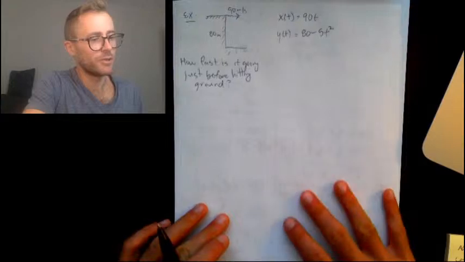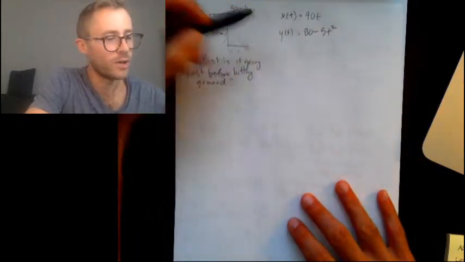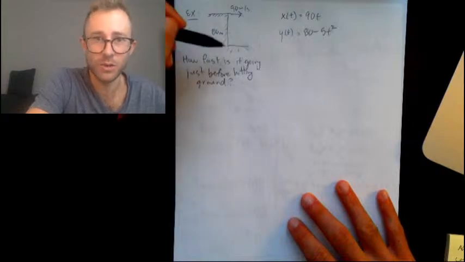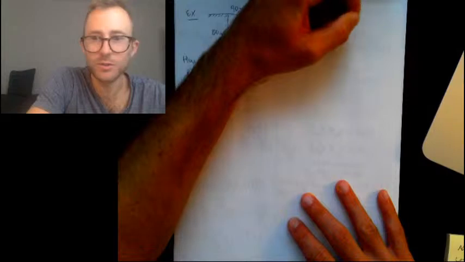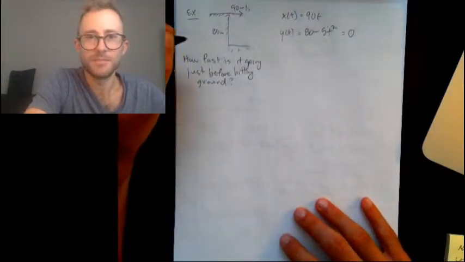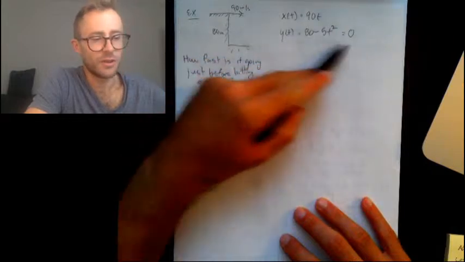So what I'm going to do, first of all, is figure out when it hits the ground. So what is the y-coordinate when it hits the ground? The y-coordinate is 0, okay? So I set this equal to 0, and you just solve for time.